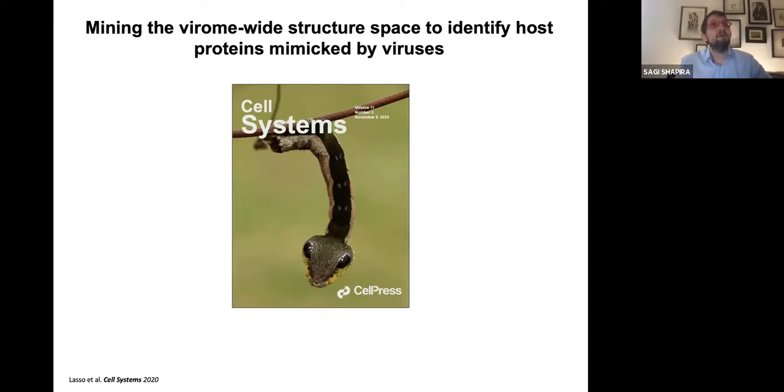Okay, so another way that pathogens can manipulate the cells that they infect, and viruses are sort of specialists at this, is through mimicry. And mimicry is something that is very well described in ecology. And of course, everybody's seen these pictures of butterflies that look like the tree bark that they sit on.